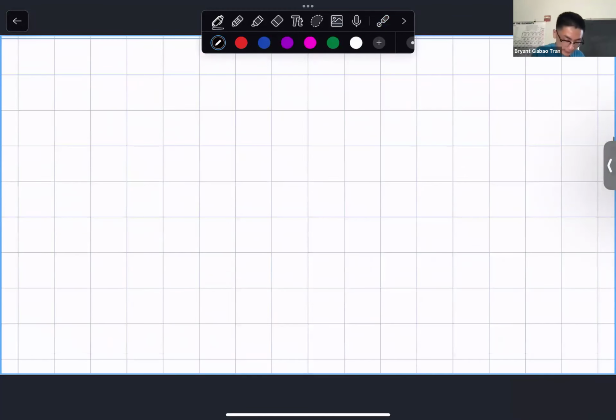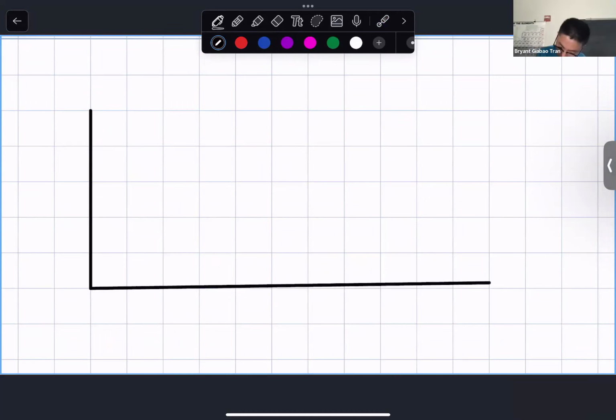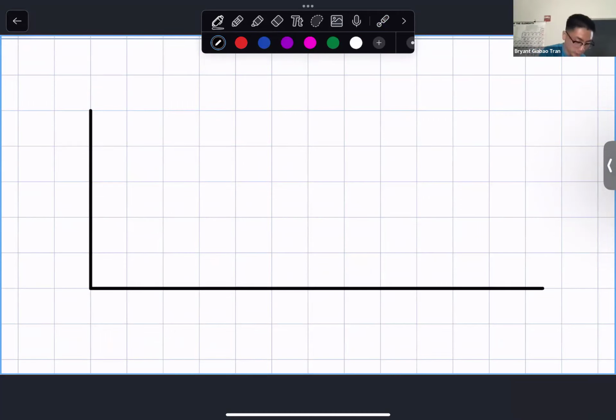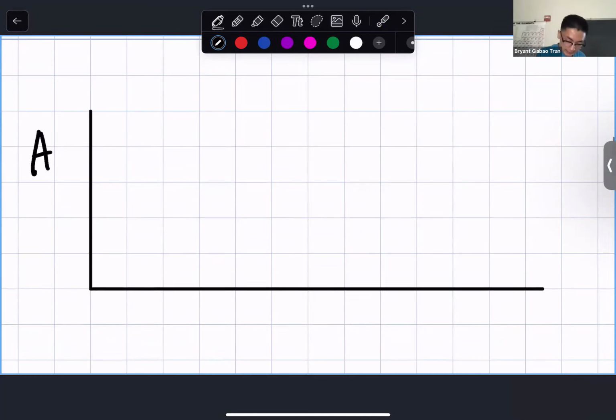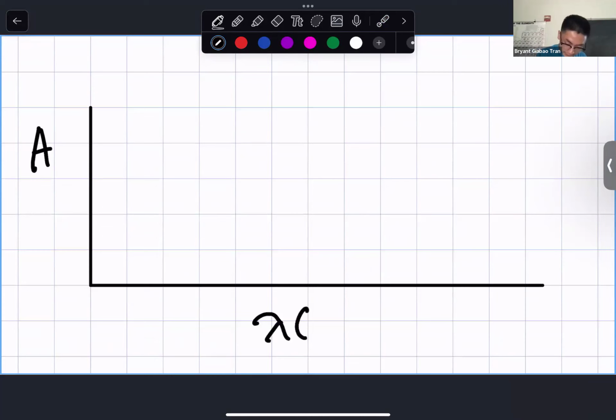So once we put a molecule through a UV spectrometer, this is the graph we get, where the y-axis is going to be absorbance, and the x-axis is going to be wavelength in units of nanometers.